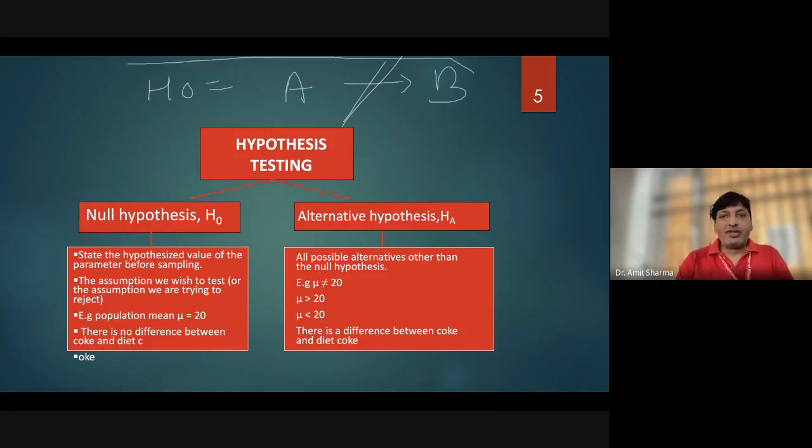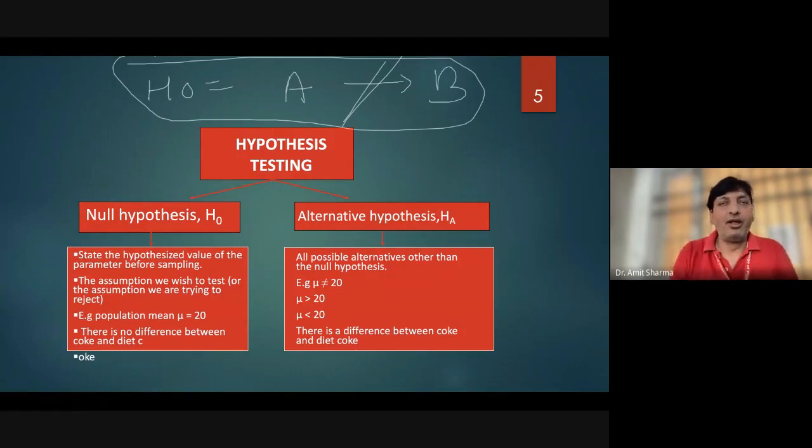So if you remember these two or three examples, you are able to write the difference between the alternative and null hypothesis, and you should be able to write the hypothesis for your research. Whenever you are going to state the objectives of your protocol, for example, you are making a protocol, you have to state the hypothesis that I have, that the different previous literature says.